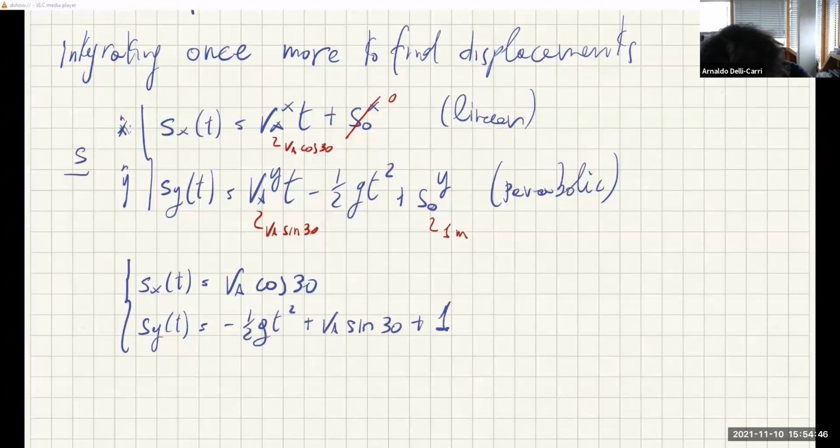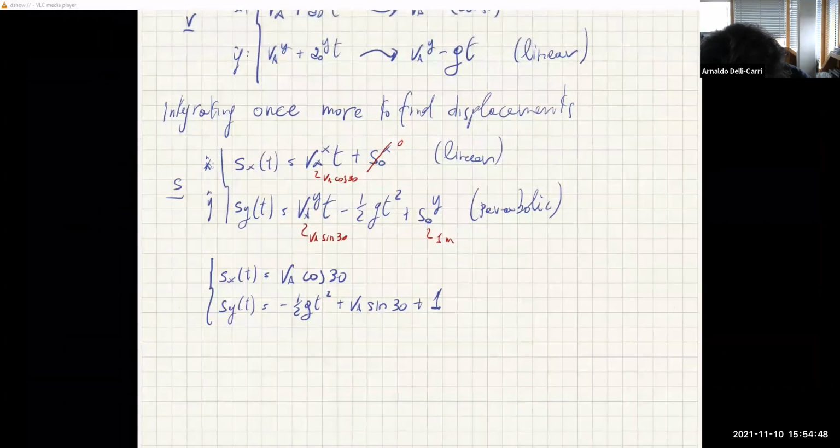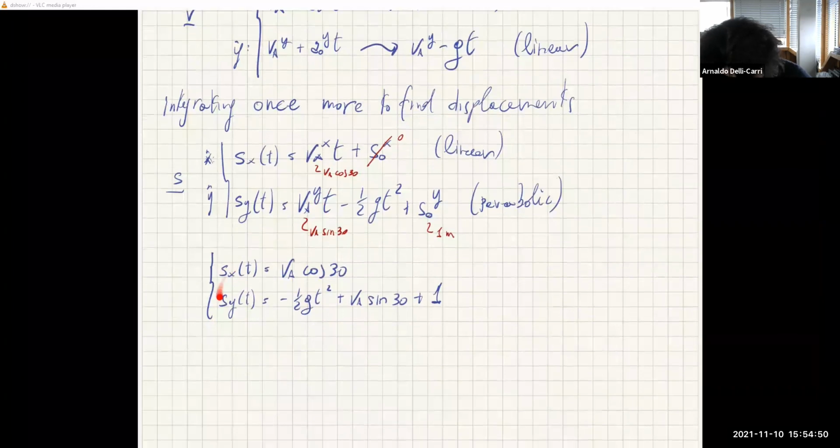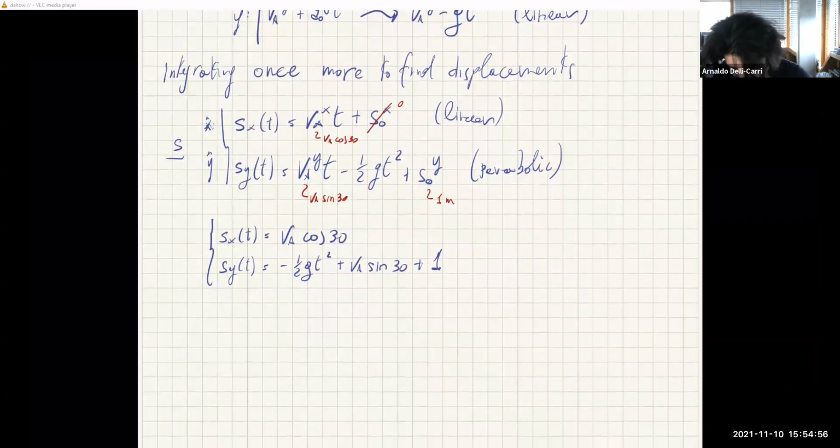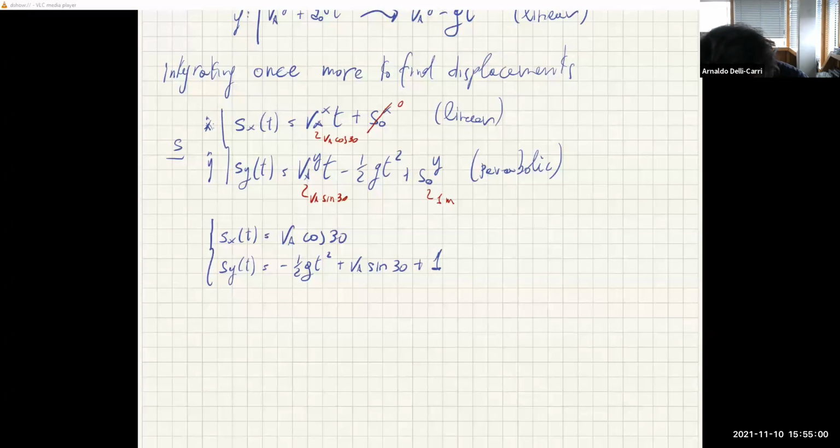Now, the things that we want, we know Sx of t and Sy of t at the final time, so at the end of the jump at time t final.